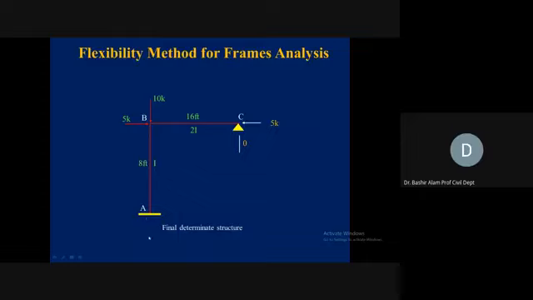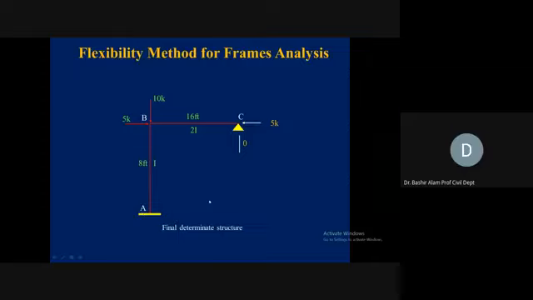What about the moment now? 5 times 8 minus 5 times 8 means these horizontal components' moments are cancelling each other. This 10 kip is not causing any moment because it is passing through point A, 0 times distance is 0, so the resisting moment at A is going to be 0.